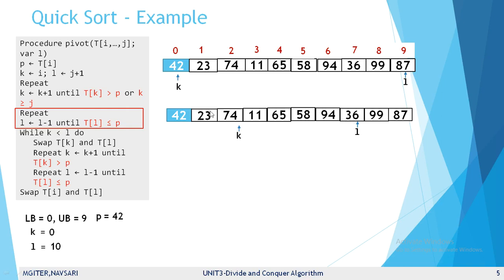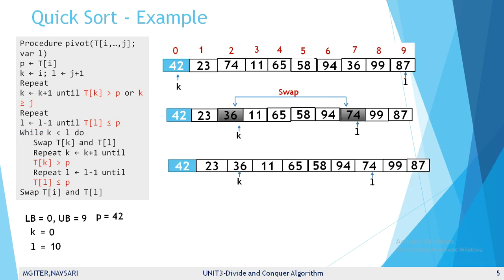Now 36 is less than 42, so we stop decrementing L here. K is less than L? Yes. Now we swap T of K with T of L. So we swap 74 with 36.